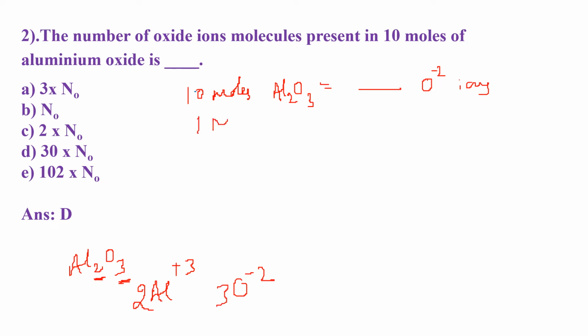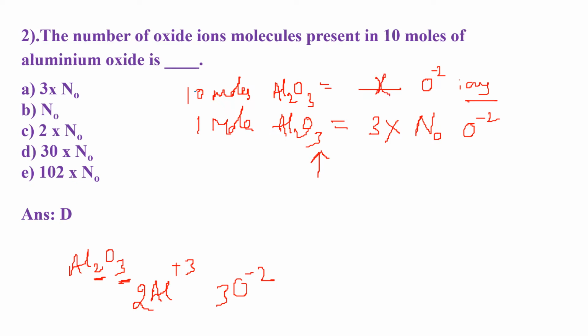So 1 mole of Al2O3 contains Avogadro number, 6.022 into 10 to the power of 23, multiplied by 3, because 3 oxygen atoms are there.